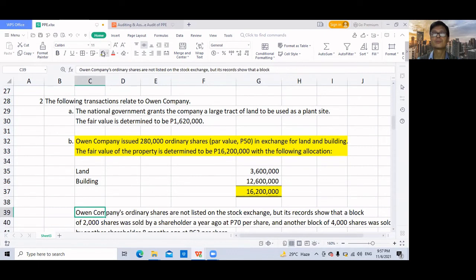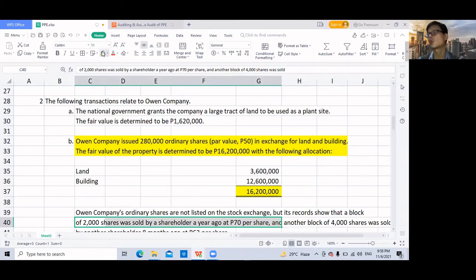So, pero yung nakalagay dito sa following paragraph, Owen Company's ordinary shares are not listed on the stock exchange, but its records show that a block of 2,000 shares was sold by a shareholder a year ago at 70 pesos. So itong 70, parang ito yung tumatayong fair value or yung market value ng share. So ito yung gagamitin, hindi yung par value, no? Para kumbaga in exchange dun sa land and building.